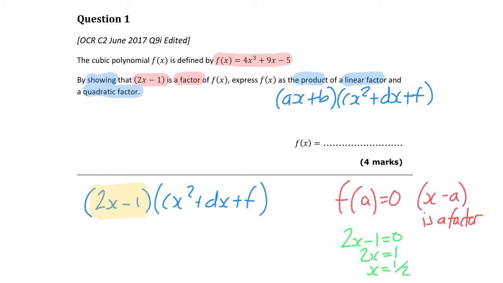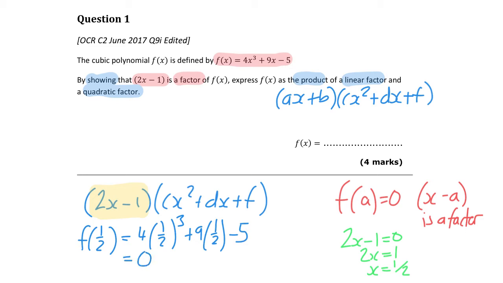So to show it's a factor, I'm going to sub in f of a half, into my cubic. So 4 times a half cubed plus 9 times a half, take away 5. I would type that into a calculator and I would get 0. And then I would just put, therefore, 2x minus 1 is a factor.